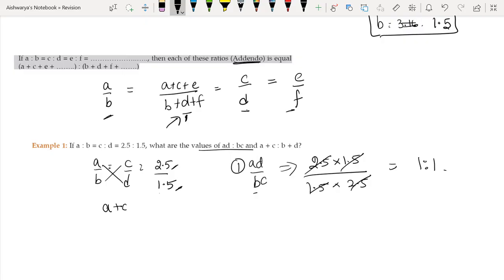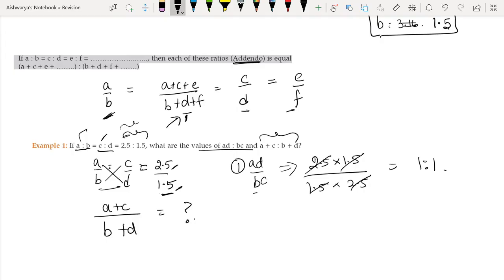Next, going to the property A plus C, the second part of this question. A plus C divided by B plus D is equal to question mark. Now the question has given you A by B is equal to C by D is equal to 2.5 is to 1.5. Correct? So using this addendo property, I've told you each of the ratios, this ratio is equal to this.